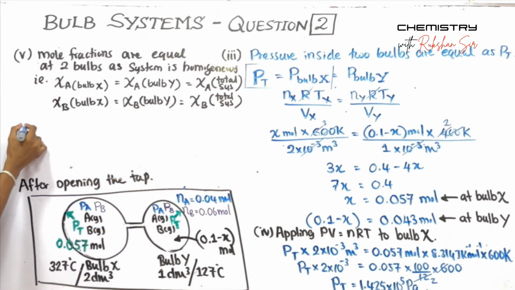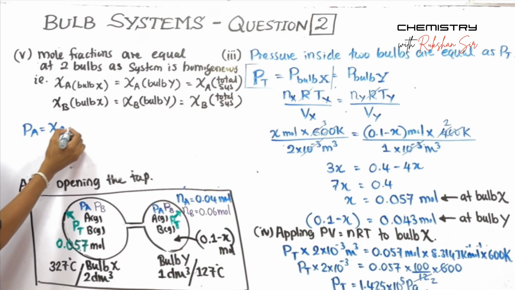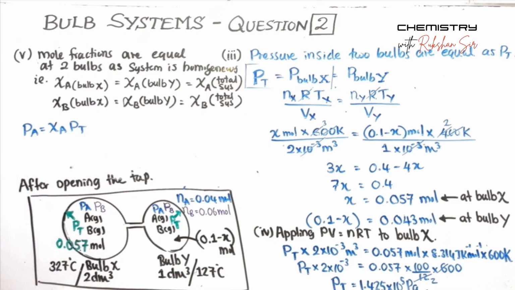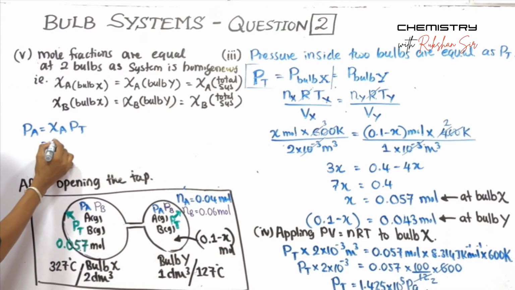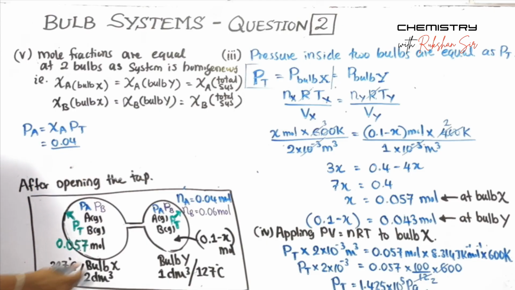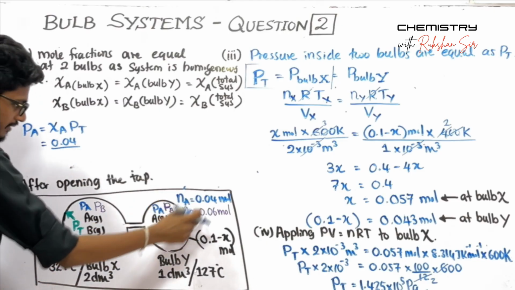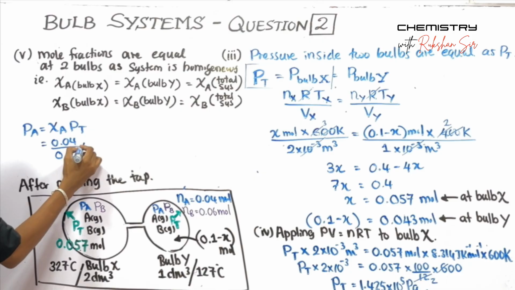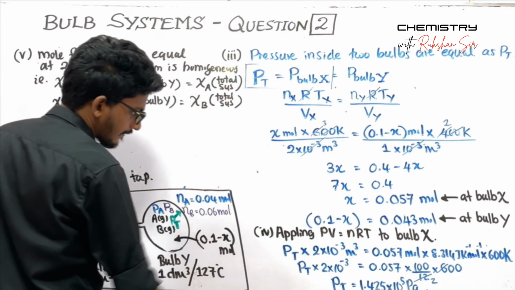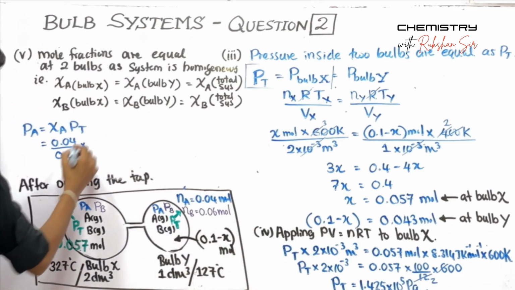So PA is actually XA times P total, right? XA is the number of moles of A, that is 0.04, divided by the total number of moles, that is 0.04 plus 0.06, that is 0.1, times P total, that is 1.425 times 10 to the power 5.